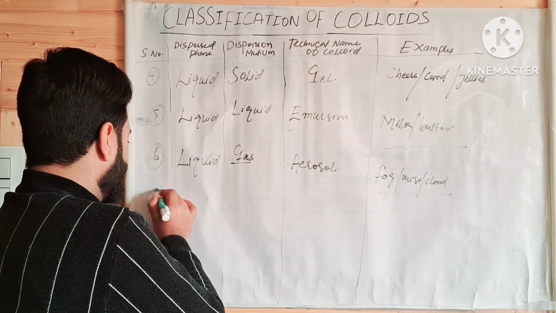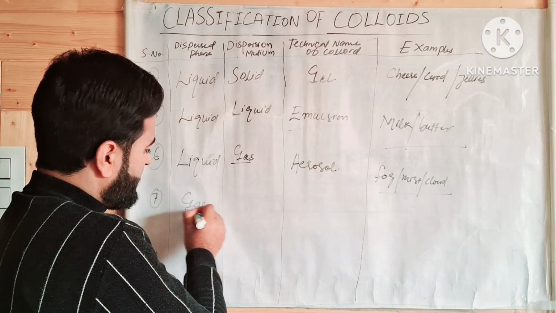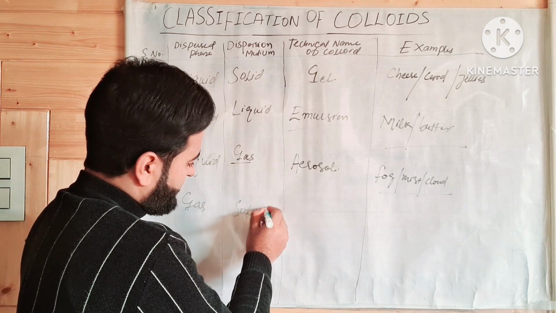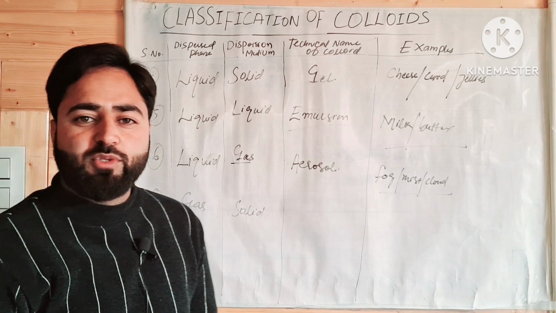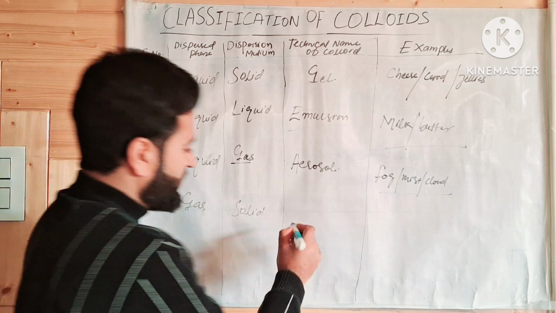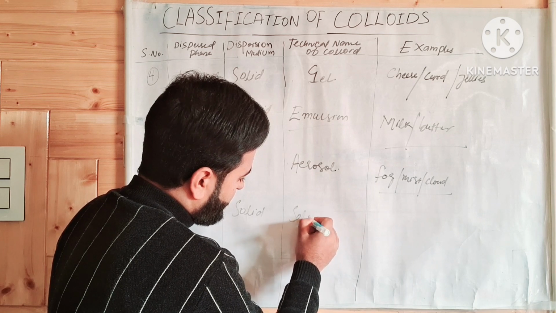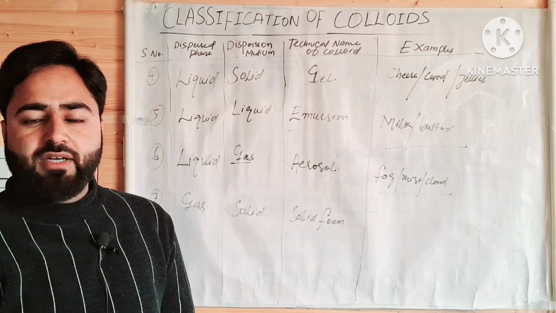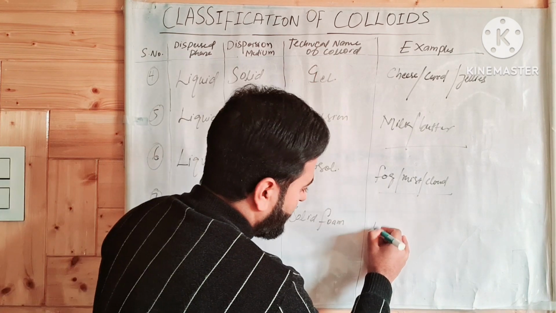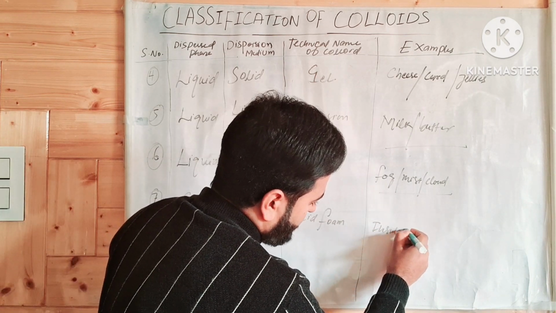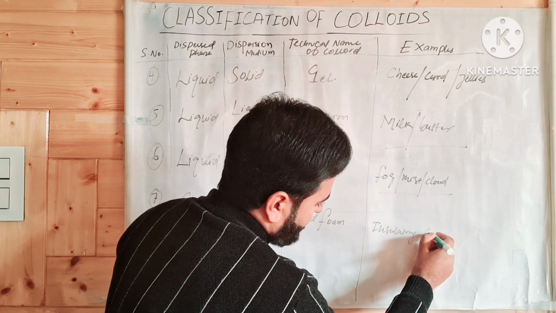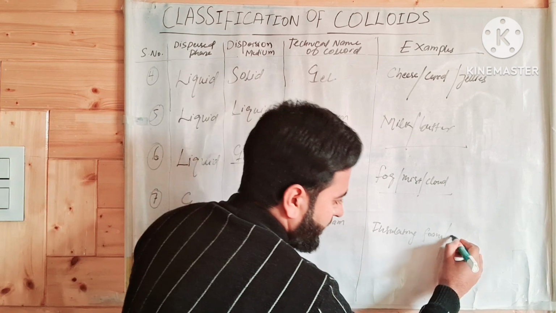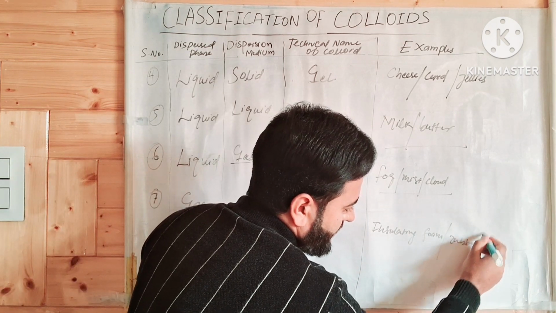Number 7 is gas in solid, and the technical name of the colloid is solid foam. The examples are insulating foam, rubber, or sponge.